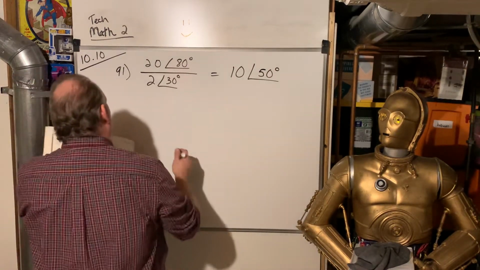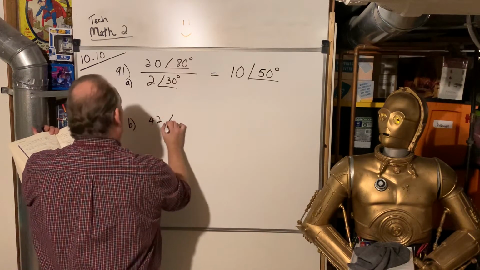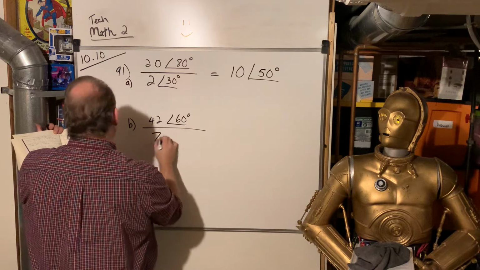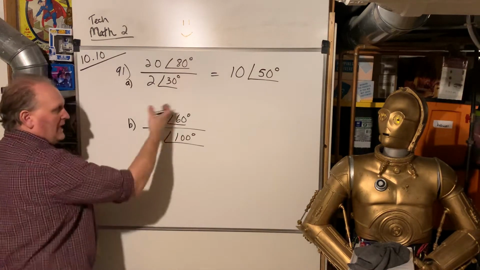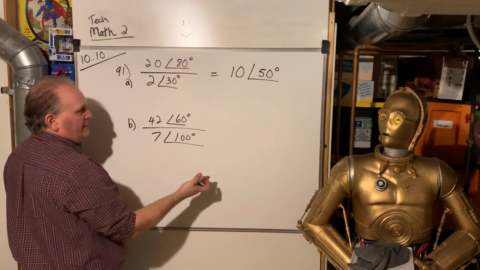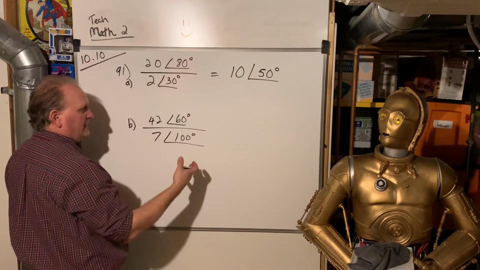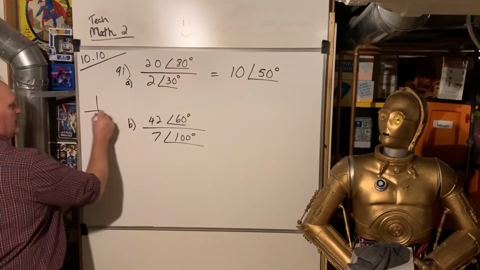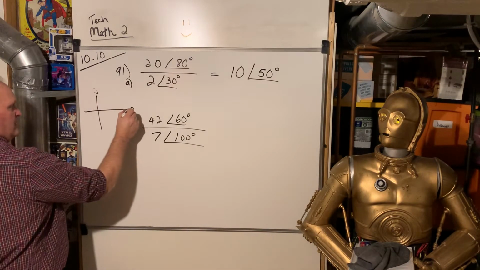So now, don't freak out if it ends up 260 and 7 angle 100. Remember, this is the notation for polar coordinates when we're working with imaginary numbers. So complex numbers or imaginary numbers, J, and the real number system is here.